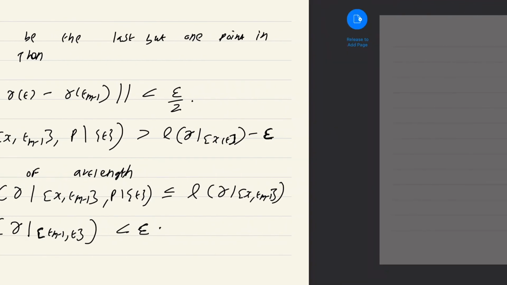Okay. Now, what does this show? Well, again you apply additivity of arc length. This shows that s(t) minus s(t_{m-1}) is less than epsilon, because this is nothing but the length of gamma restricted to [t_{m-1}, t].